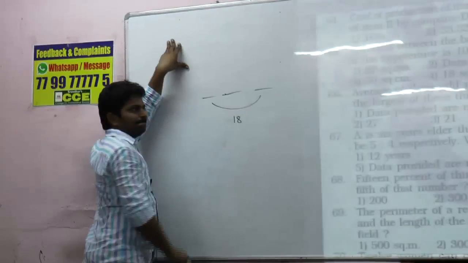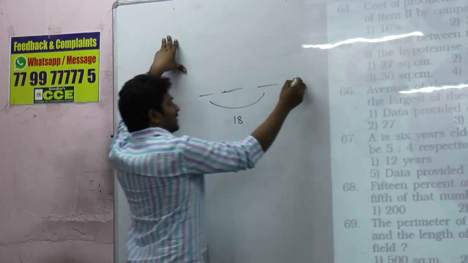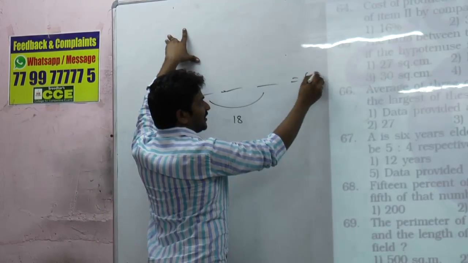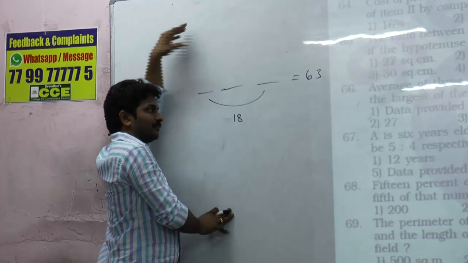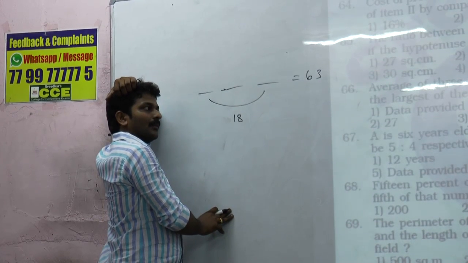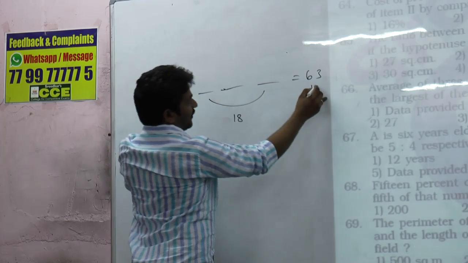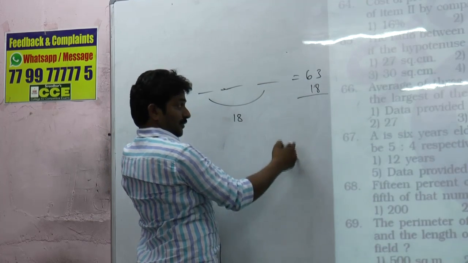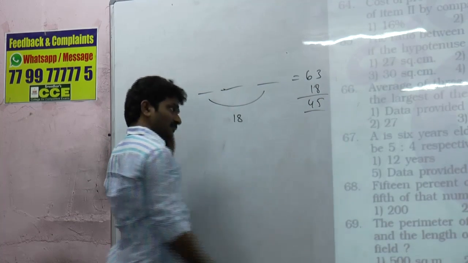We have 3 numbers. Difference between these 2 numbers is 18. Sum of these 3 numbers is 63. If you subtract 18 from this number, you will have 45.